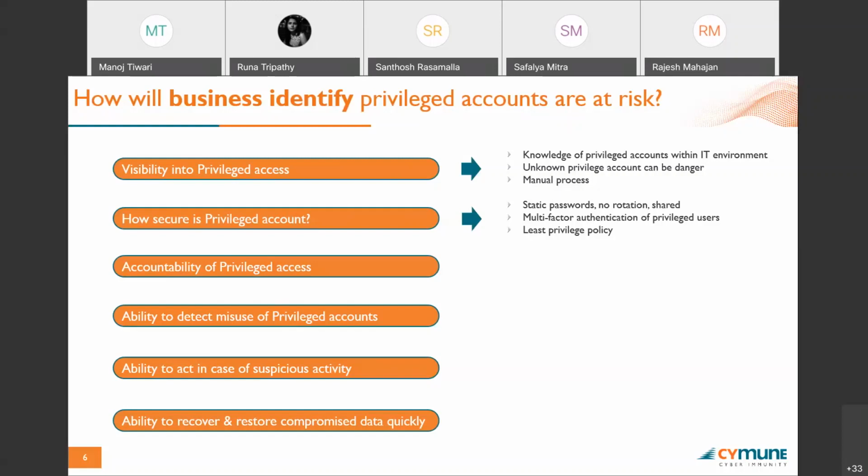And the next big question is whether you have a least privileged policy in your organization or not. Least privilege means providing the bare minimum permissions to your admins required for carrying out tasks. And most of the time, admins use super accounts like root to perform activities.